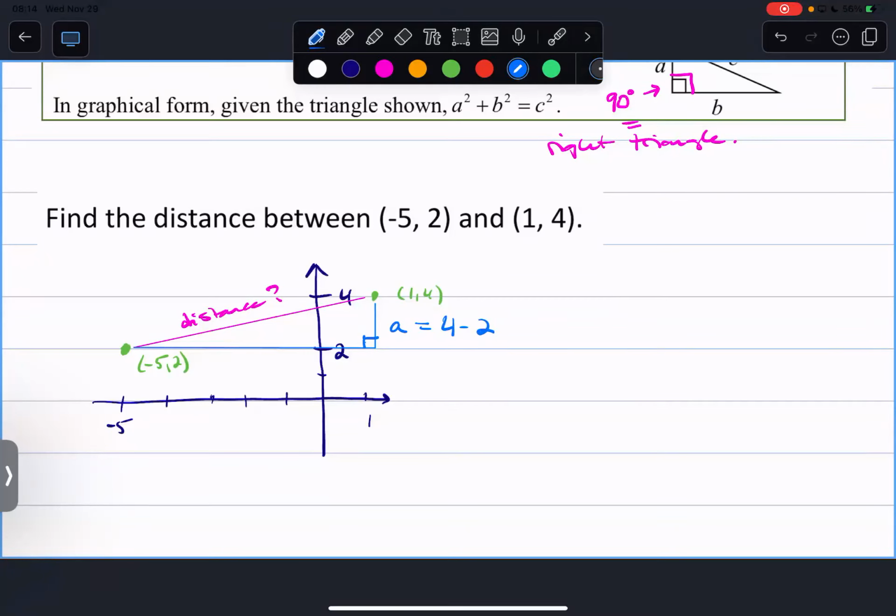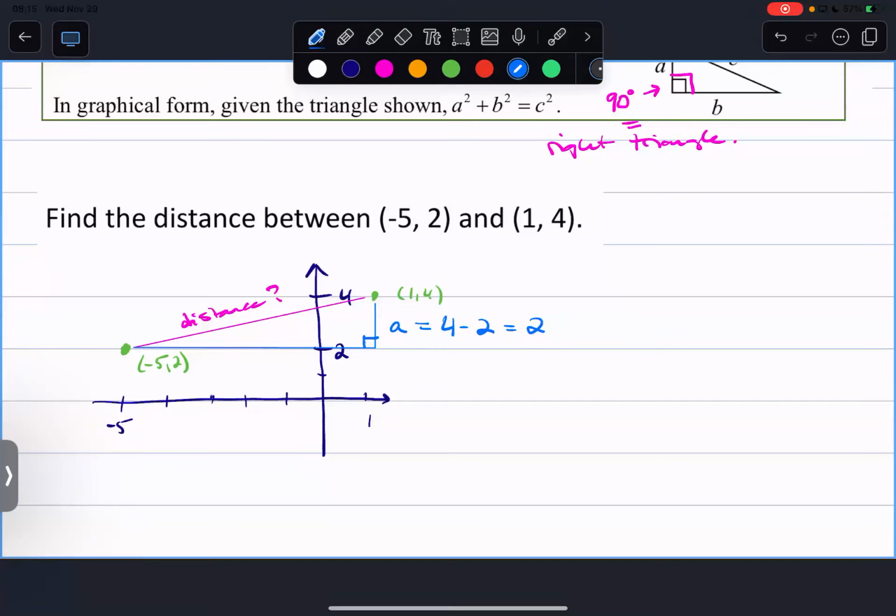If you did 2 minus 4, that's fine, but we can't have a negative distance, so you would probably drop the negative. So I just did a convenient version of it, which is 2. In the Pythagorean theorem, we're going to square things anyways, so we could have negative distances if we want to, because squaring makes it positive anyways.